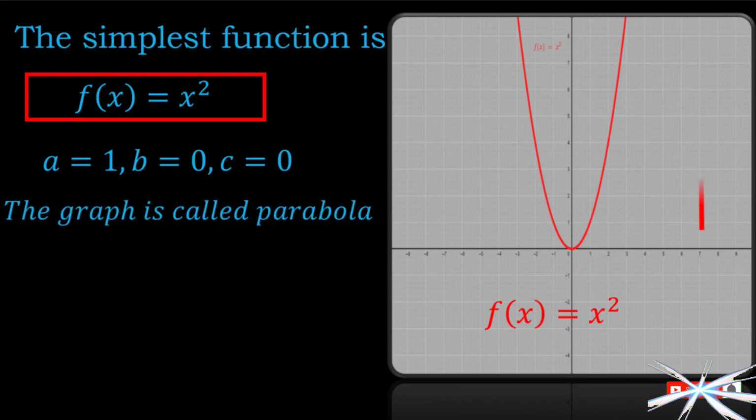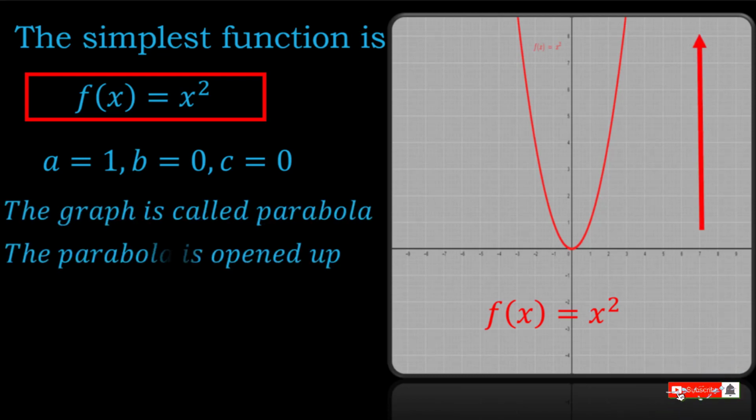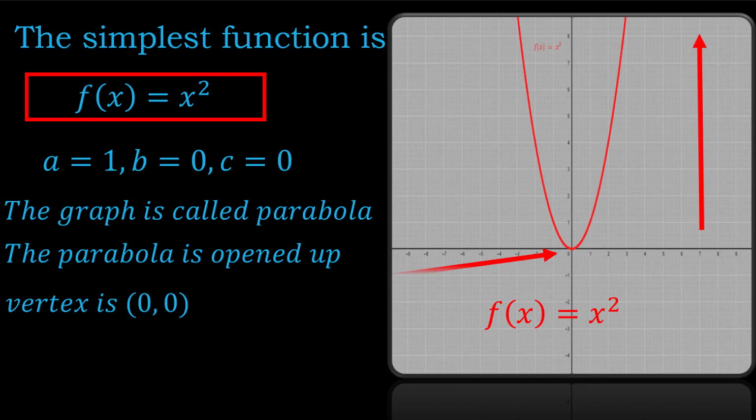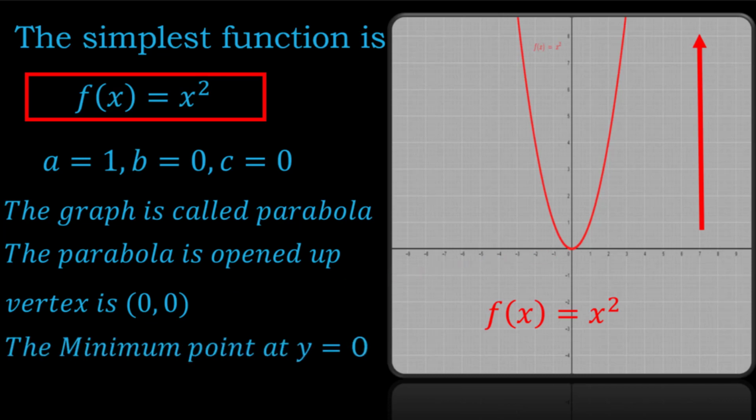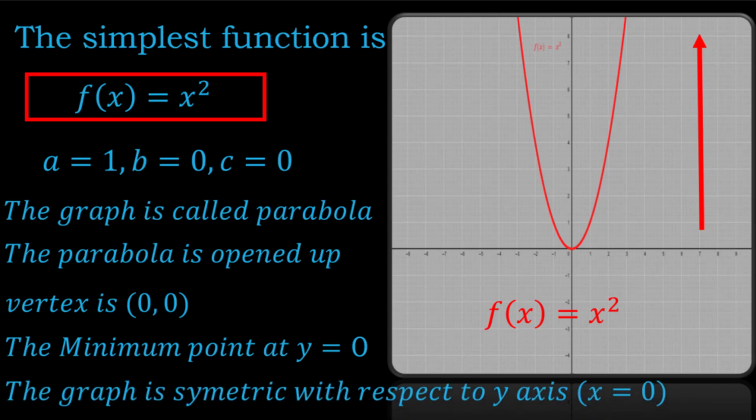The graph is called a parabola. The parabola opens up and the vertex is 0, 0, which is the origin point, and the minimum point is at y equals 0. The graph is symmetric with respect to the y-axis. Its equation is x equals 0.